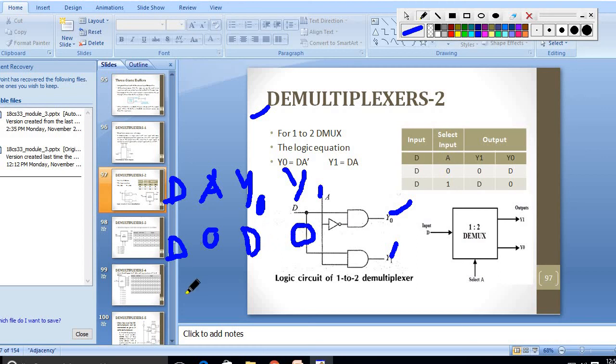The next case, when the select line is 1, y0 is 0 and y1 should be D. Don't confuse this.